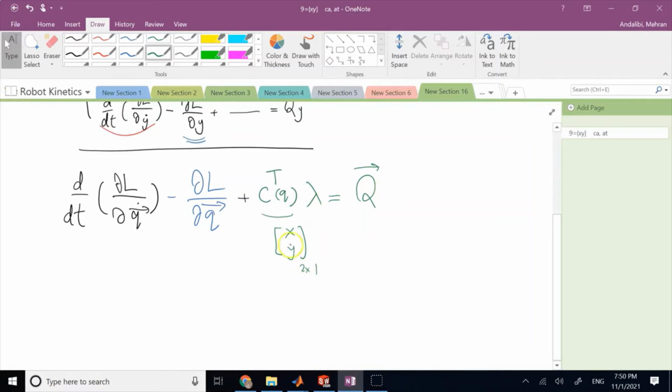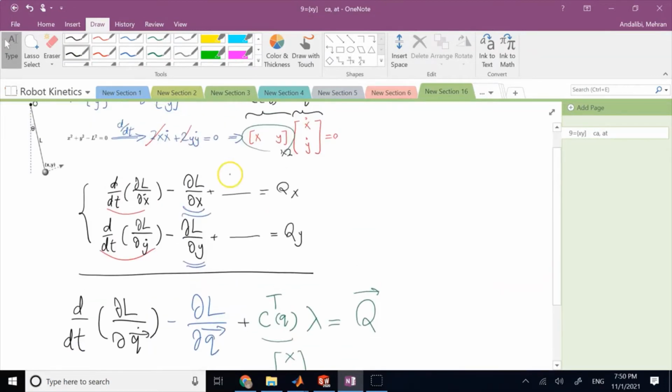So if you look at this term, when you expand it, this is going to be lambda x and what? Lambda y. So the term that should go into the x equation is this guy, lambda x, and the term that should go to the y equation is what? Lambda y. So this guy is lambda times x. This one is what? Lambda times y. Okay?